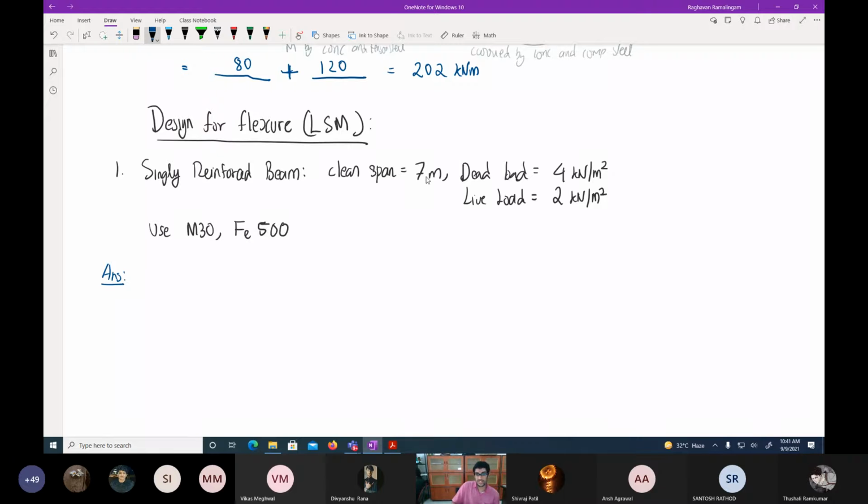So what you are given is the clear span and your loads. So you have dead load, which I will call DL. DL is 4. The live load, or LL, is 2. Which direction do both of these act? Direction of gravity.